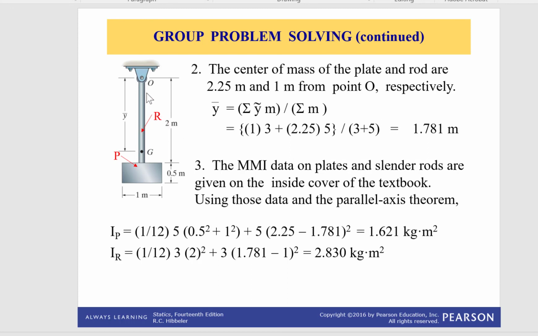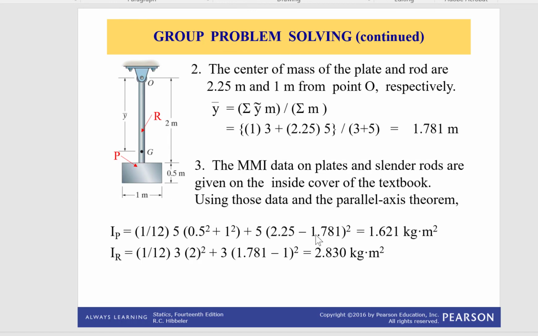What we solved previously is about O. Now for a problem that involves solving it through its centroid, the only change is that you need to transfer all the mass moments of inertia from the centroid of each single component into the centroid of that structure.